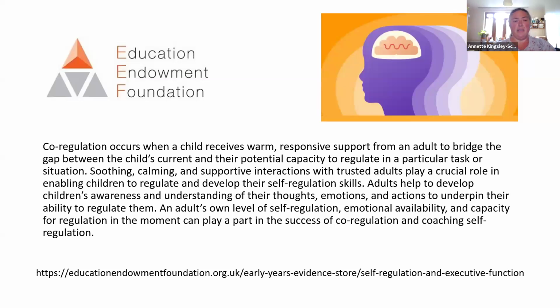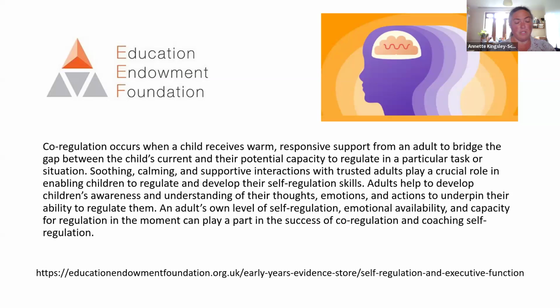So the Education Endowment Foundation for Self-Regulation and Executive Function tells us co-regulation occurs when a child receives warm, responsive support from an adult to bridge the gap between the child's current and their potential capacity to regulate in a particular task or situation. Soothing, calming, and supportive interactions with trusted adults play a crucial role in enabling children to regulate and develop their self-regulation skills.